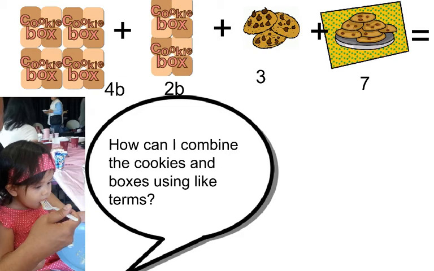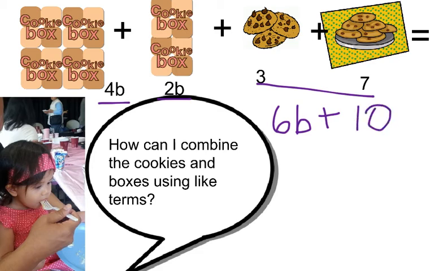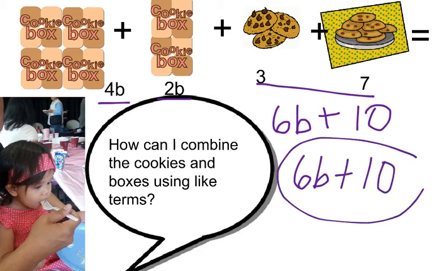Again, it's always important to make sure your variable stays correct. So I can combine 2 boxes and 4 boxes of cookies to get 6 boxes. And then I can combine 3 cookies plus 7 cookies to get 10 individual cookies. So my simplest form is 6b plus 10. 6b plus 10 is simplified.